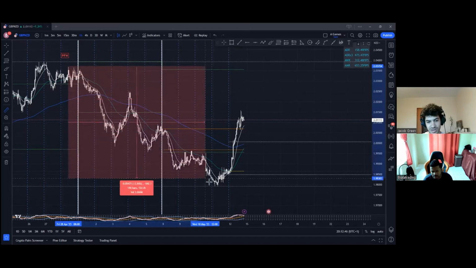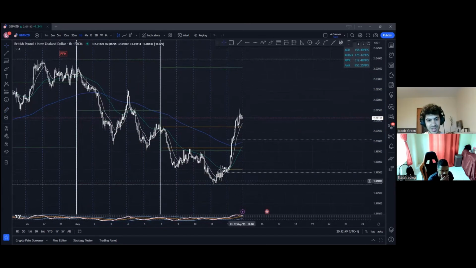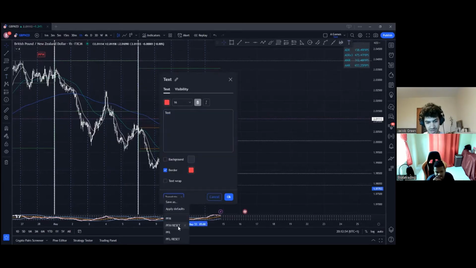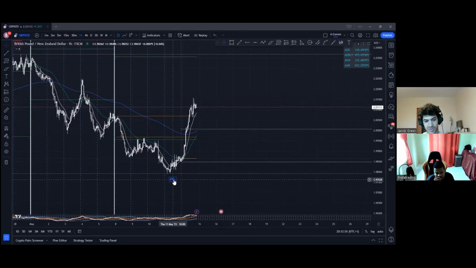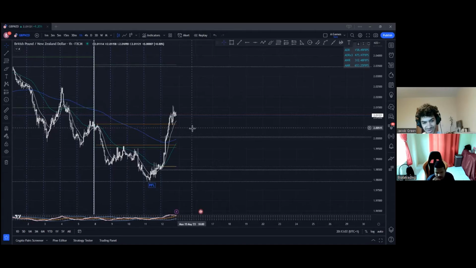So I'd measure from here down to here. That's more than 475. So what I'd do is mark this down here, peak fractal low, and I'd now be looking to trade away from this peak. I like to continue focusing on trading with the momentum.